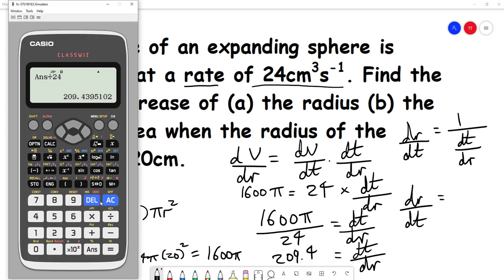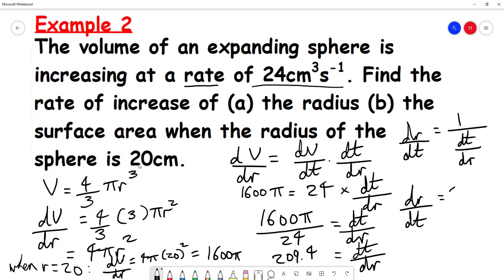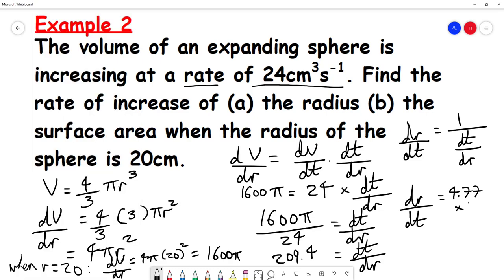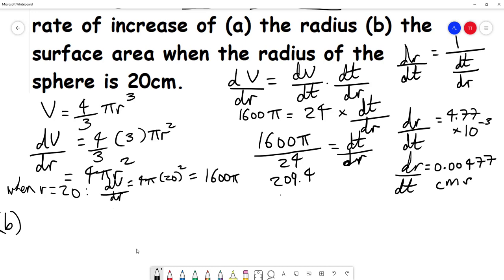So just go to my calculator here, 1 divided by the answer, and that gives me the answer there. So I get 4.77 times 10 to the power minus 3 centimeters per second.